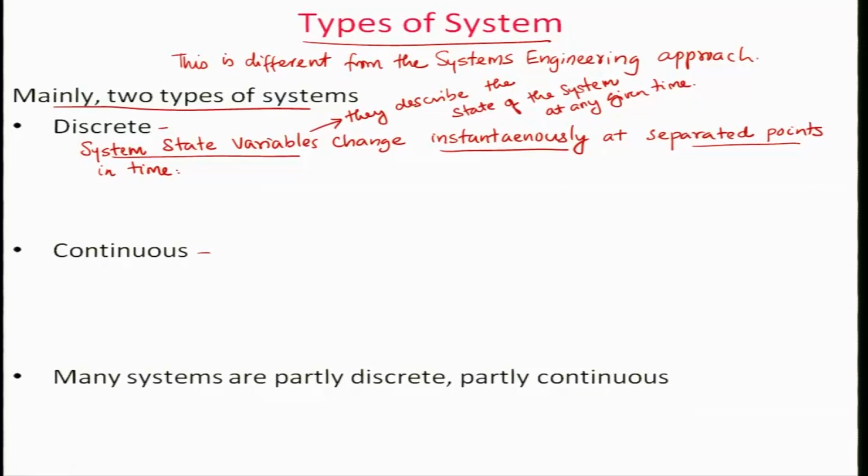We will give an example: a bank teller operation. Remember we looked into some of the system state variables.